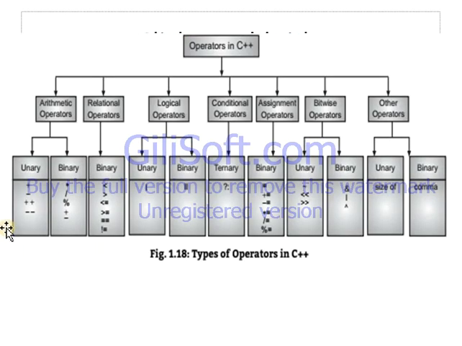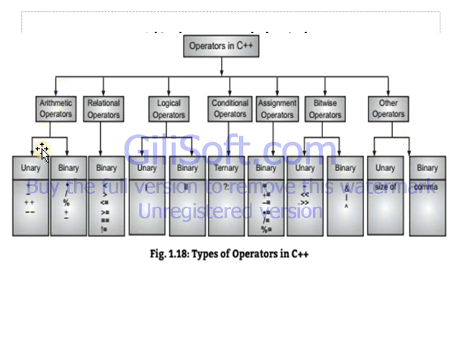There are different types of operators present in C++: arithmetic operators, relational operators, logical operators, conditional operators, assignment operators, bitwise operators, and other operators.